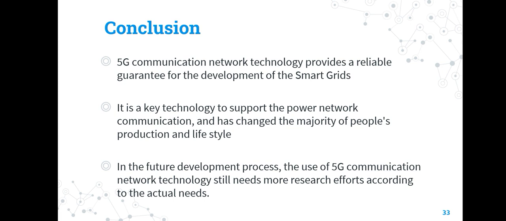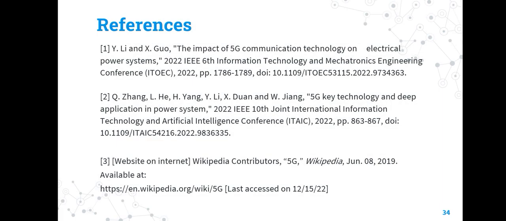But along with these advantages, it also has some challenges which we need to consider, and it still needs more research and effort according to actual needs. So in the future development process, if we conduct proper research and find new technologies, we could really say that 5G has a bright future in power system development. And these are the references.